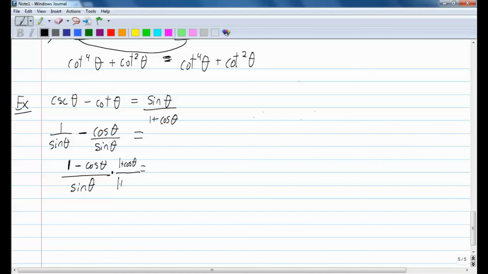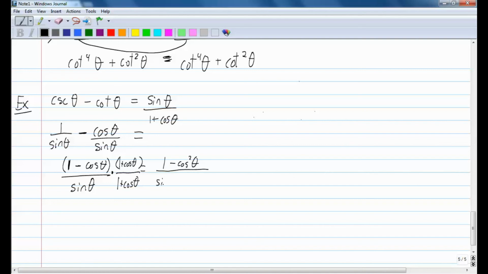So I want to multiply the numerator and denominator by 1 plus cosine theta. So that means I'm going to multiply out the top. Remember, when you multiply conjugates, you can just multiply the first term and the last term because the middle terms always cancel out. So that's 1 minus cosine squared theta.